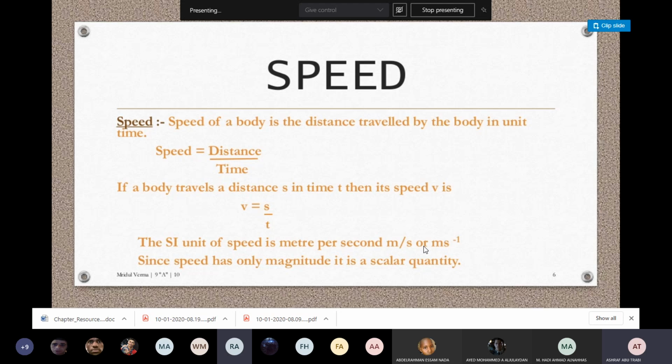Mister, why is it a scalar quantity? Because we do not mention a direction. The difference between a scalar and a vector is that for a scalar we do not show any direction.